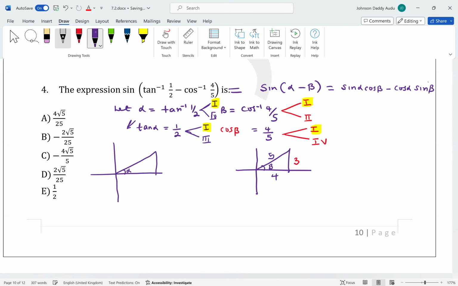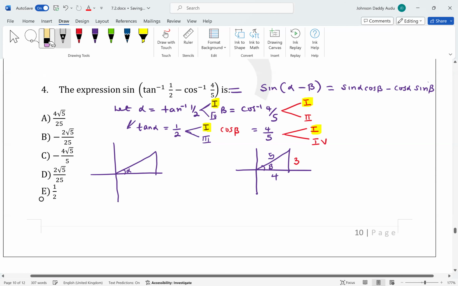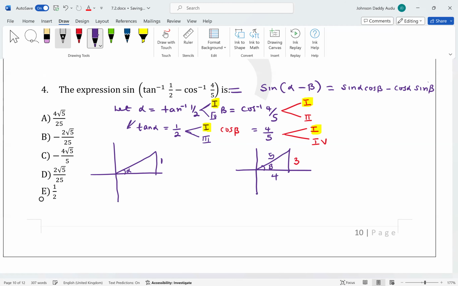Opposite is 1, because we're dealing with tan alpha here, and adjacent is 2. Then the hypotenuse will just be the square root of the sum of their squares, so this is going to be the square root of 5.